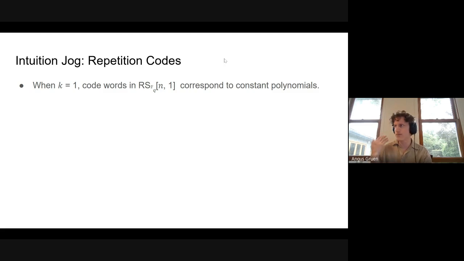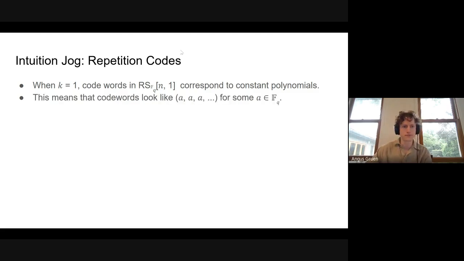In particular, what we want to think about is what happens when you take Reed-Solomon codes and set k equals 1. k equals 1 means that the degree of our polynomial has to be less than 1, i.e. has to be 0, i.e. our polynomials have to be constant. And so our code words just look like so-called repetition codes. You can see here our code words are just some value repeated for the whole code.